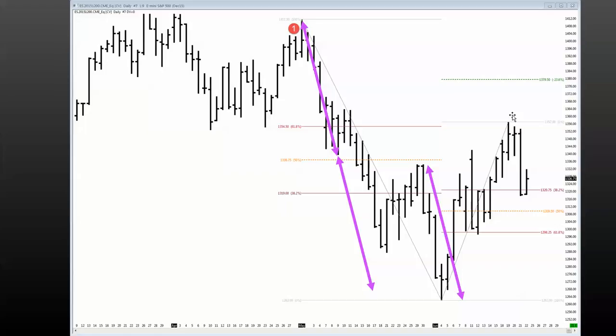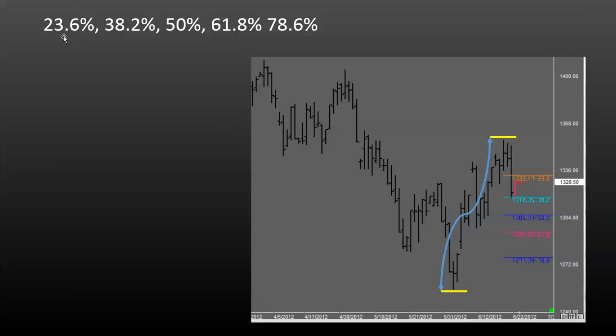One of the reasons that we wanted to talk about these explicitly, D and I especially will throw these around a lot when we're looking at blue sky, when we're looking at white space and trying to figure out where could this thing go if it keeps going, we're going to use Fibonacci's. We also use these Fibonacci numbers, the mathematics behind it, you know, these 23, 38, 50, 61s.